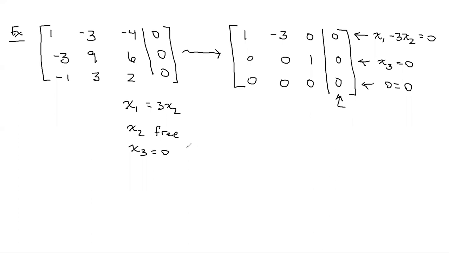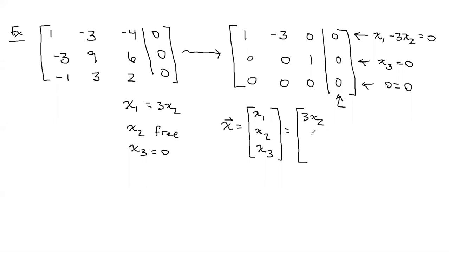Now, we can write this up in a more concise way if we want to think of our solution set as a vector, a solution vector. So if we think of our x solution set as a vector, our vector looks like x1, x2, x3, and we can go ahead and fill in our answers that we just wrote down into this vector. So x1 equals 3x2.